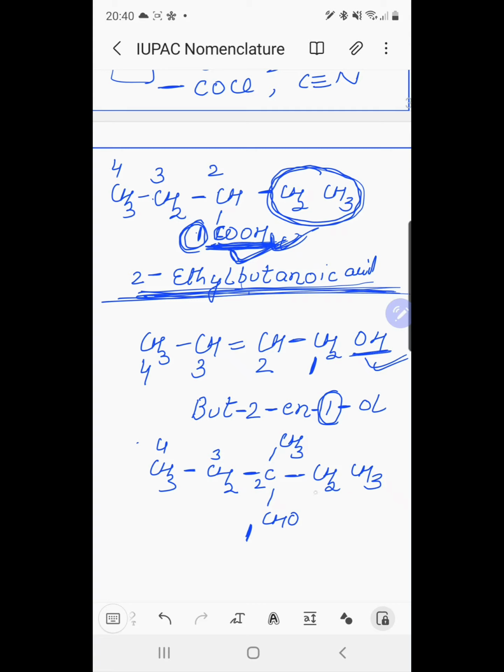Here at the 2nd position we have ethyl, and this is ethyl, this is methyl. 2-ethyl, hyphen, 2-methyl. Then we have butane-1-al, butanal, butane-1-al.